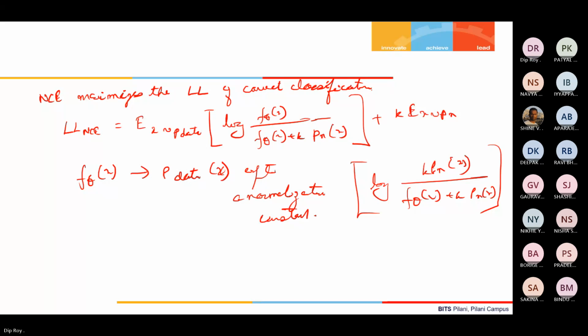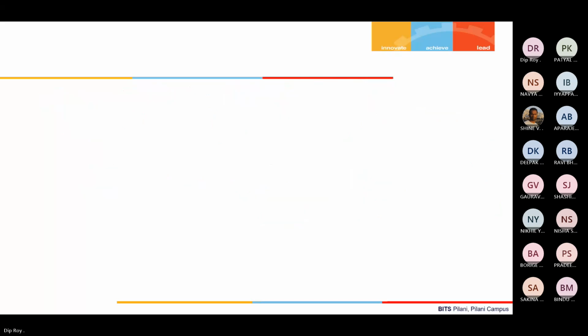If you see here, now what we know is the probability of data equal to 1 given x is equal to f of theta x divided by f of theta x plus k p of n x.